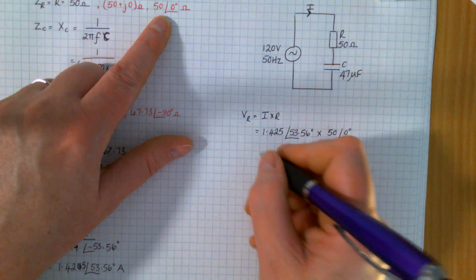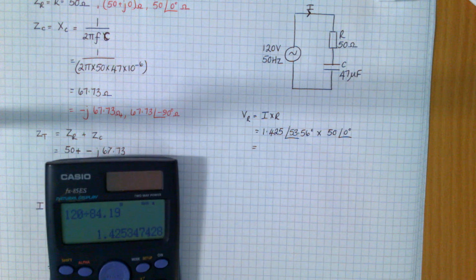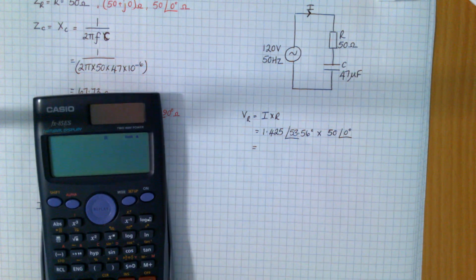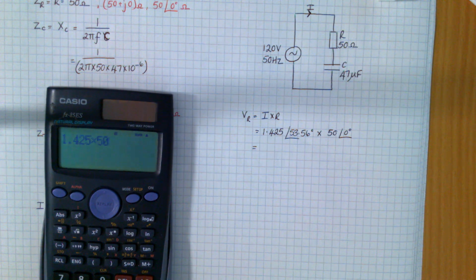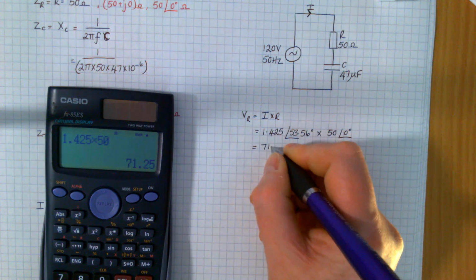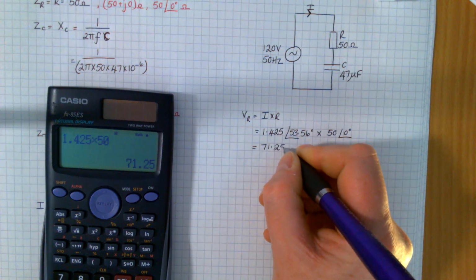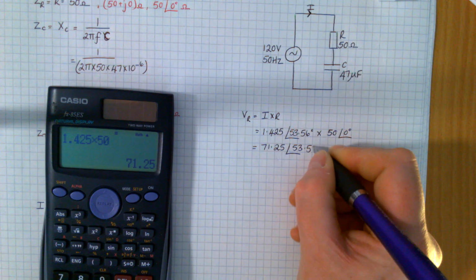Since we're multiplying, we're doing it in polar form. That gives .25 at an angle of 53.56.